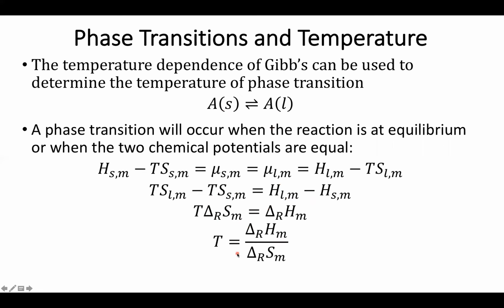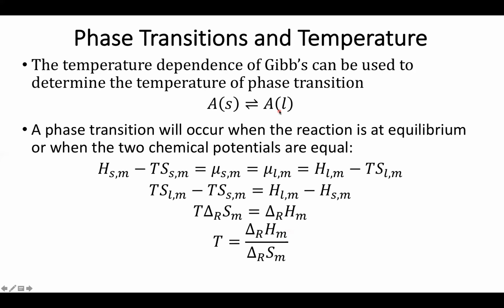And it's worth noting, you can actually do this for any phase transition, because again, all phase transitions tend to have a positive enthalpy as the product is less stable than the reactant, and also a positive entropy as there's more configurations that can be adopted by the product over the reactant.